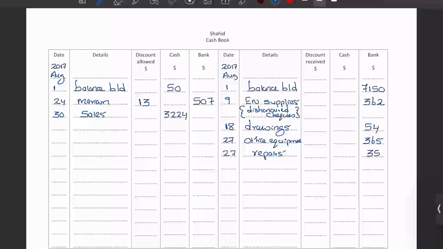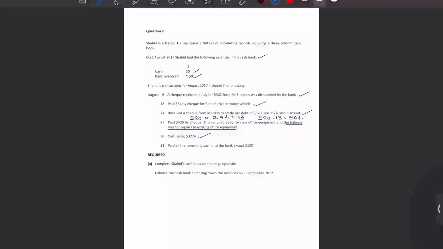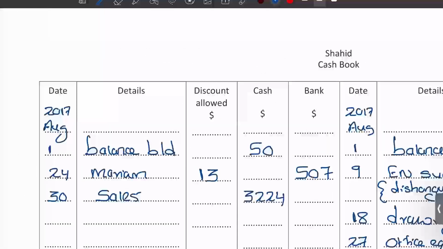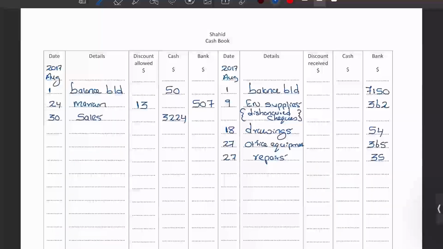Now the last part. Paid all the remaining cash into the bank except how much? How to find the balance remaining cash? Add all the cash on the debit side, 50 plus 3224, 3274.